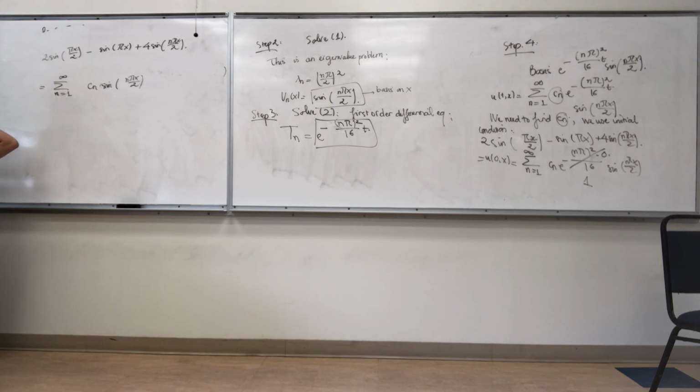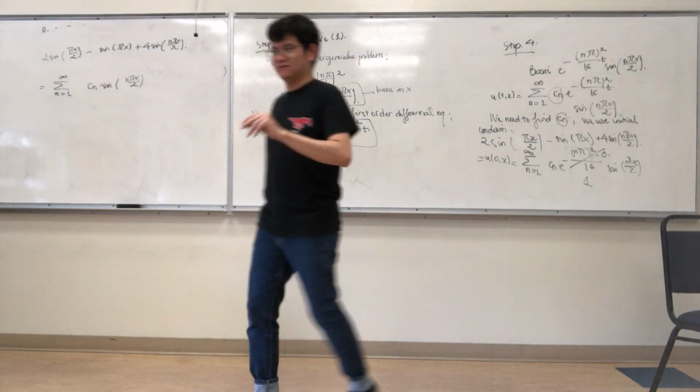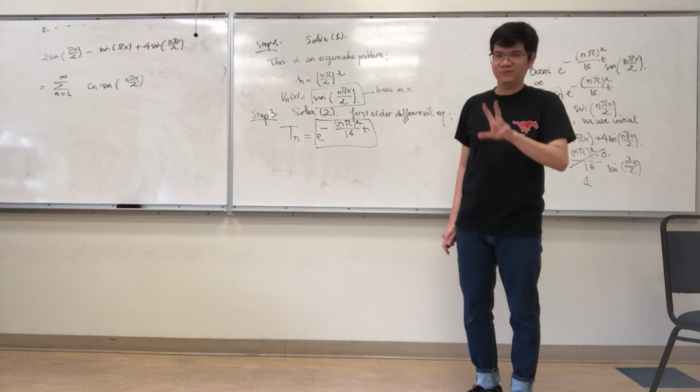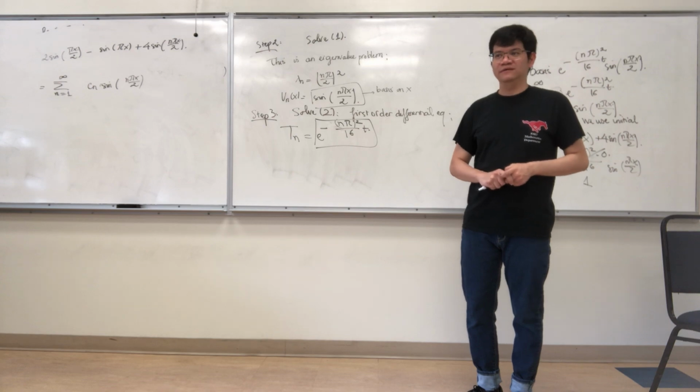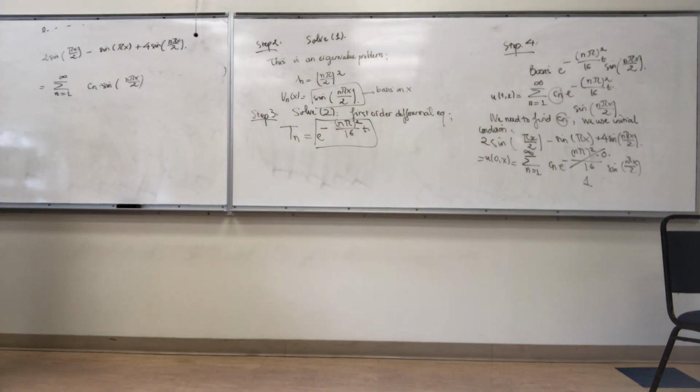So how do you find Cn? You don't need to. You can say explicitly what is the Cn from the formula. You don't need to do anything. This is like the first midterm. Fourier series? You don't have to do anything. You can say what is the value for Cn right away.